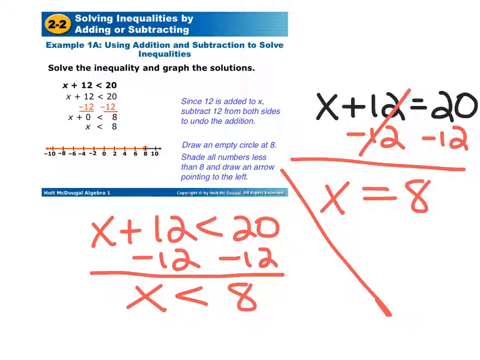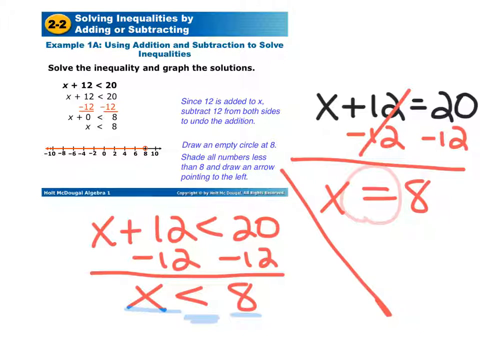So now instead of an equal sign in between, it's an inequality. Next week when you take the test, you must include the variable, the correct symbol, and then the number. Don't just tell me that the answer is 8. So show your work on the test and how you're using your inverse operations.